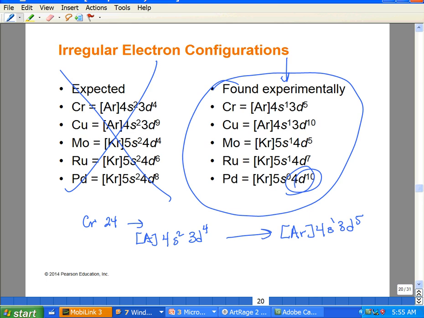Okay, so let's look at a problem right quick. For reinforcement, you can look in your book on page 344, and it has some more examples of solved electron configuration and orbital diagram problems. Page 344.